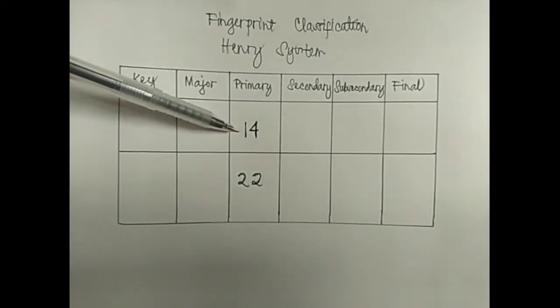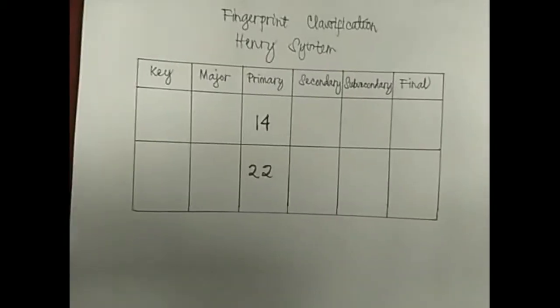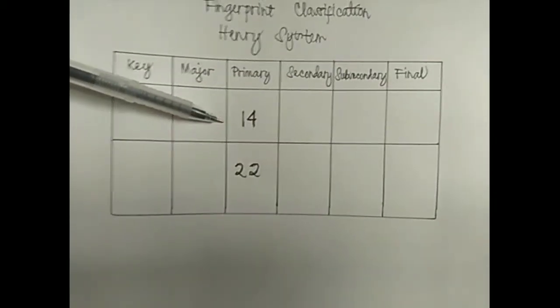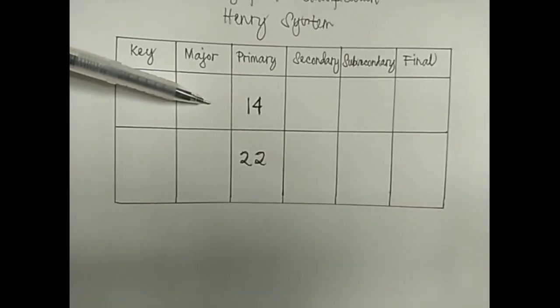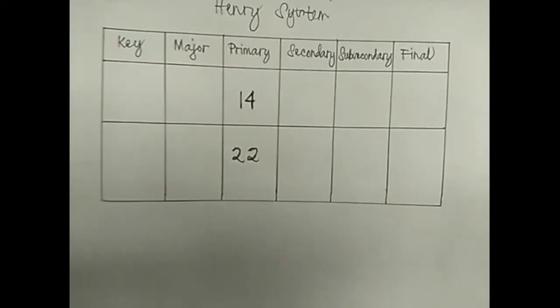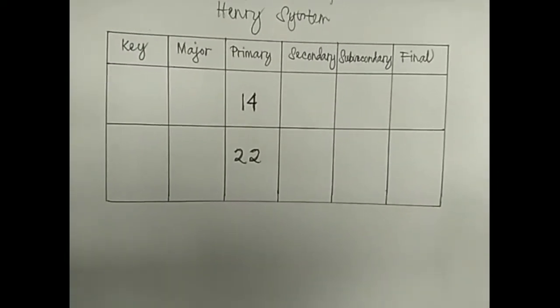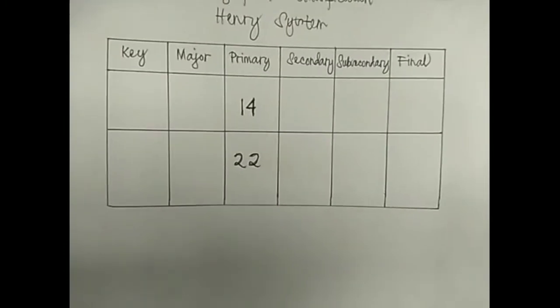So here we have 14 in the numerator and 22 in the denominator. 14 here is the sum of the finger values of the whorl type of pattern of even numbered fingers in the fingerprint card plus 1.